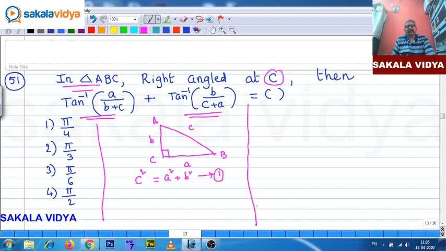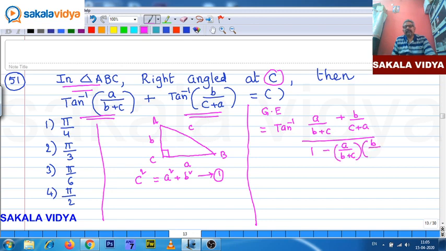Now the given expression we can write as tan inverse of x plus y, that means a upon b plus c plus b upon c plus a, and upon 1 minus a by b plus c multiplied by b by c plus a. So simplify carefully.